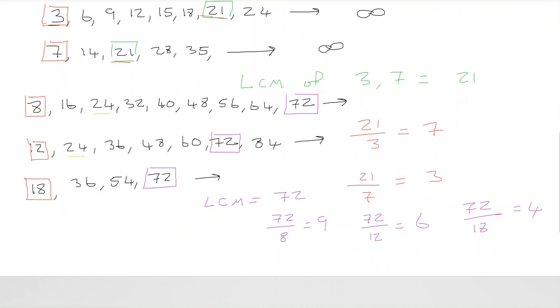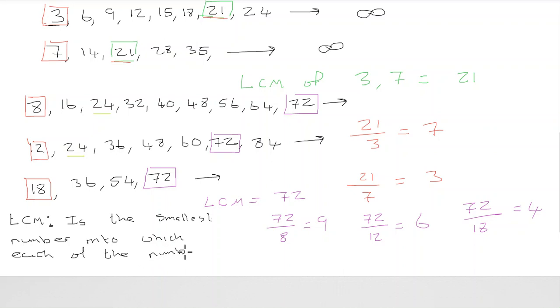So the lowest common multiple, if we define a definition then, it is the smallest number into which each of the numbers divide.